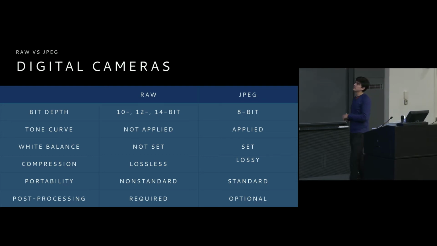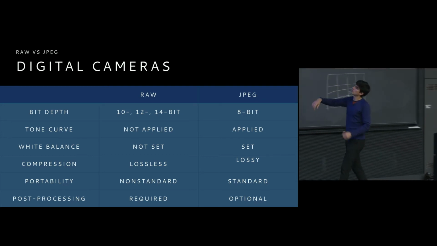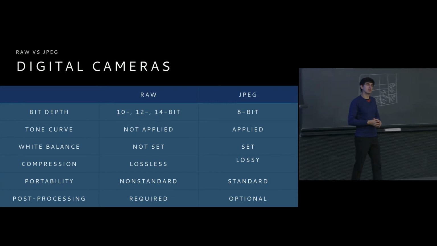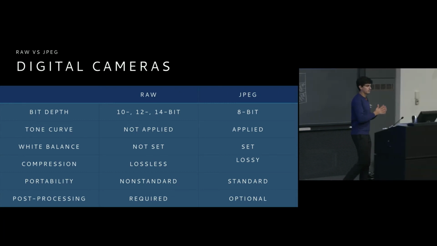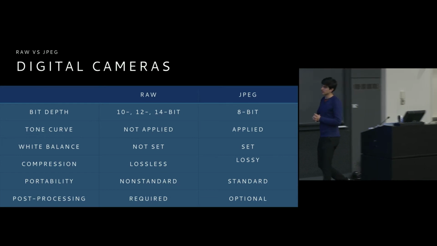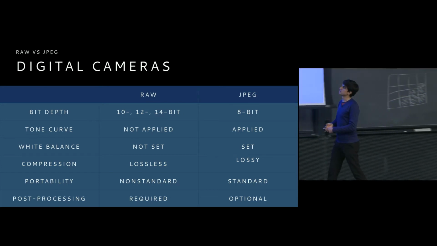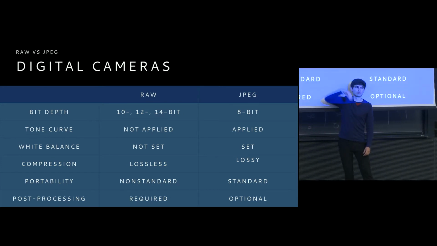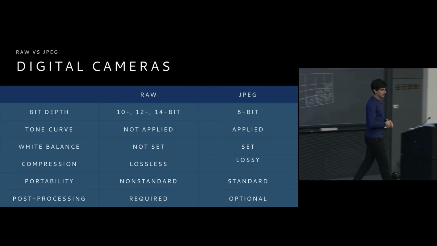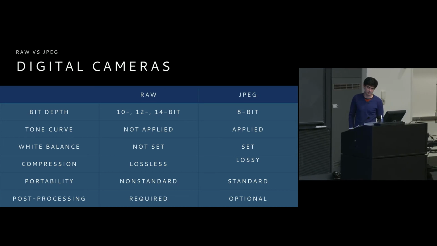White balance is not quite set, and we'll talk more about what precisely white balance is, but it is set in JPEG. Compression tends to be lossless in the raw image and is lossy in the JPEG image. I say tends to be because there's just a couple of examples of lossy raw files trying to make the raw images in fact smaller, but the vast majority of cameras use a lossless compression.